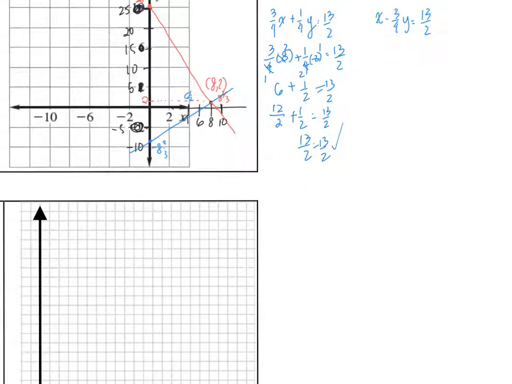And then the other one, 8 minus 3/4 times 2.